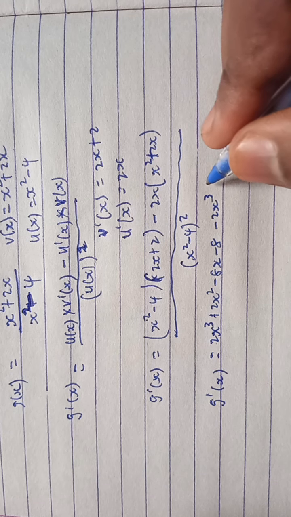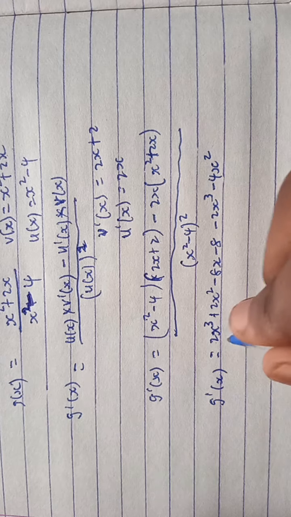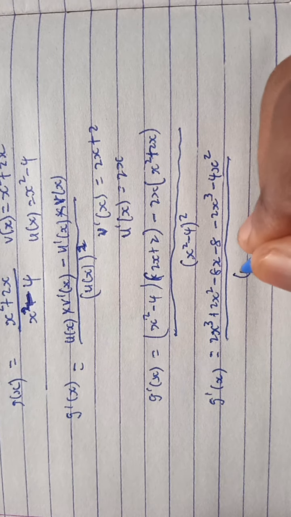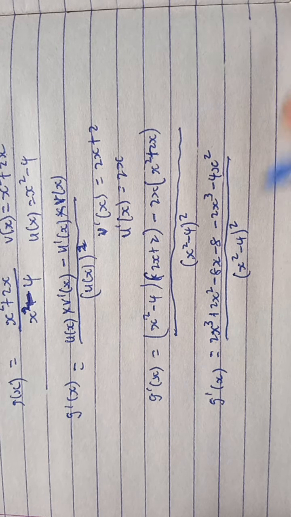Have you seen that, guys? So minus 4x squared, all over bracket open x squared minus 4 all squared.